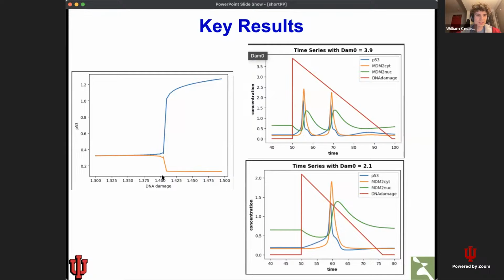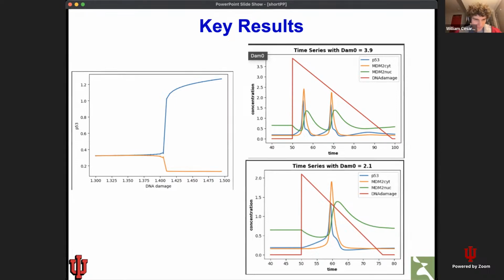When DNA damage hits around 1.41, we see the split into two, and this is called a Hopf bifurcation point, I think.